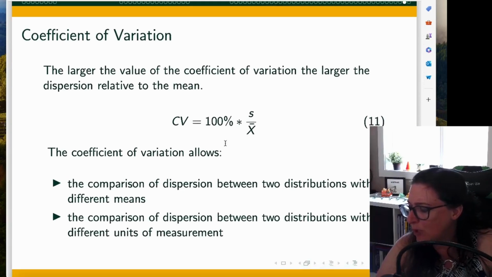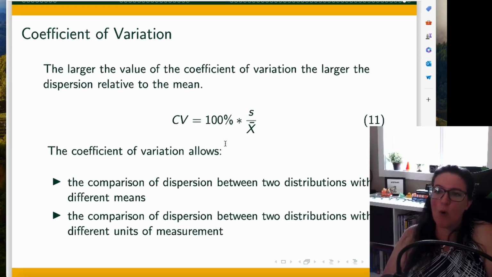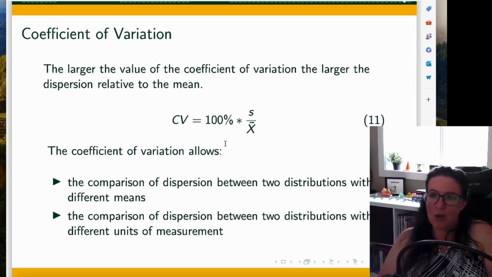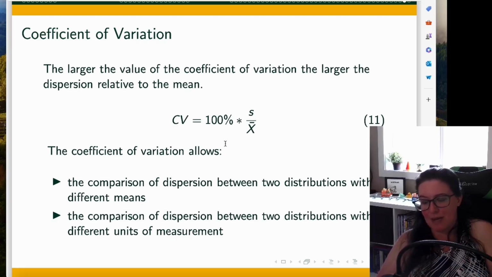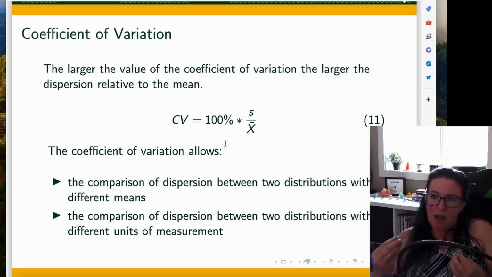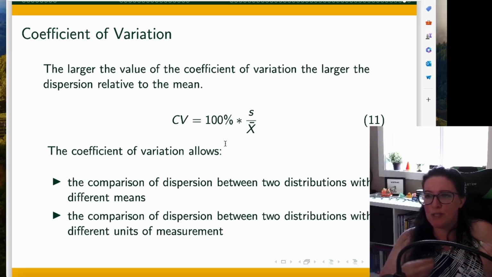The last one we'll look at here is the coefficient of variation. The coefficient of variation looks at the amount of dispersion relative to the mean. So what it does is it takes the standard deviation and divides by the average. So we'll use the coefficient of variation to compare dispersions between two distributions that have different means.